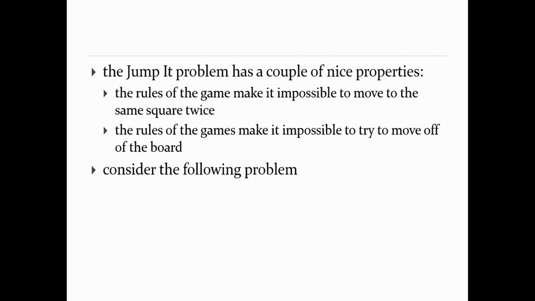Now, that particular version of the problem, which no one had any questions on, remember that, has a couple of nice properties. Number one, the rules of the game make it impossible to move to the same square twice. You're always moving to the right. So that's nice. Why is that nice? Because you know the board is getting smaller at every step. And that's one of the key things you need to write a recursive method.